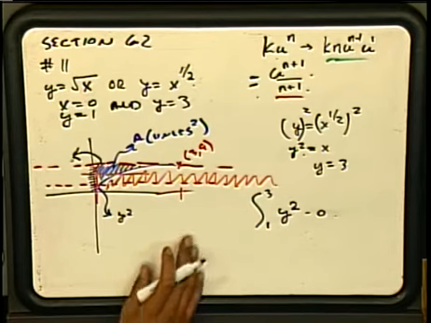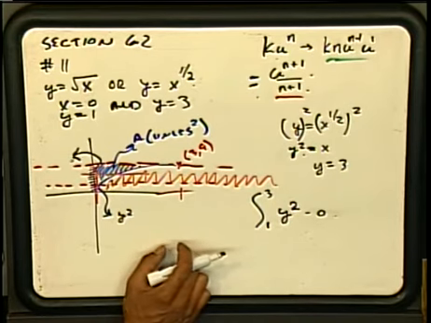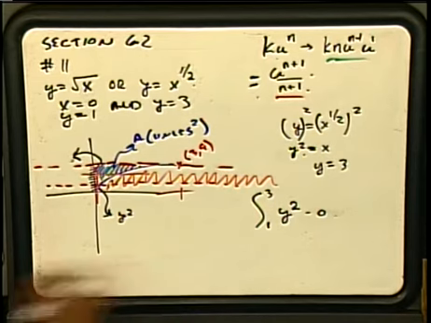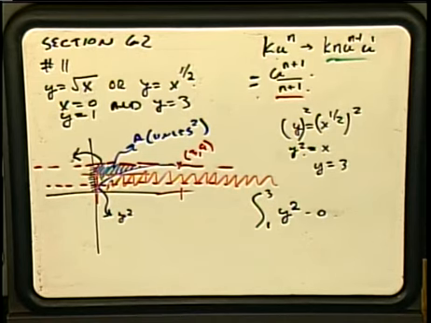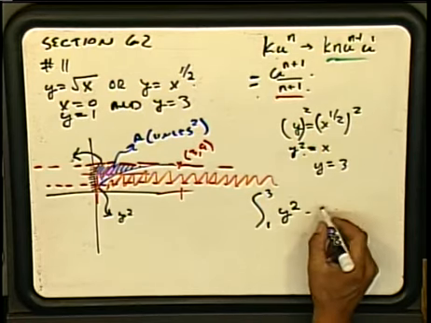And this one, x is 0. See why it's not 3 though. That top boundary is 3. I think it's 3 right here.